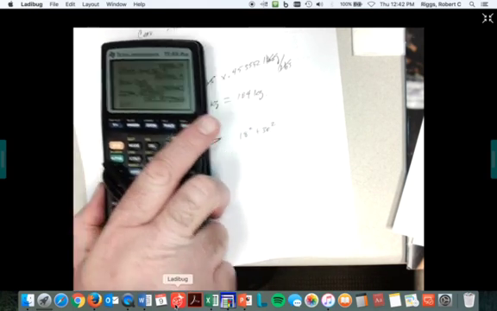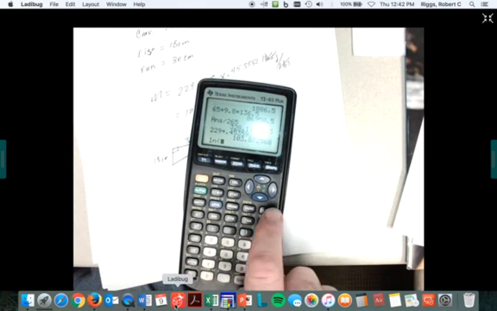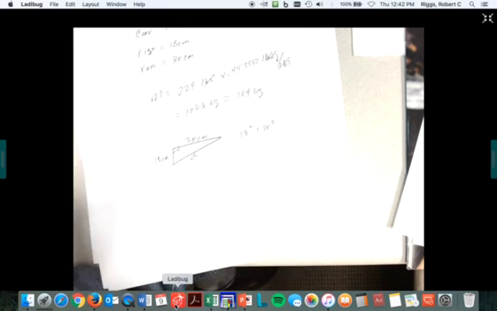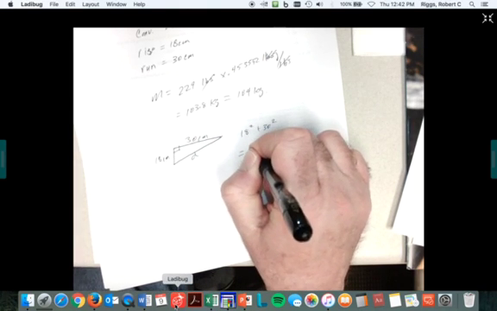Now my calculator, I'm going to show off here, does it all in one step. I can just do 18 squared plus 30 squared, close the parentheses, boom, and get 34.9 or about 35 centimeters.